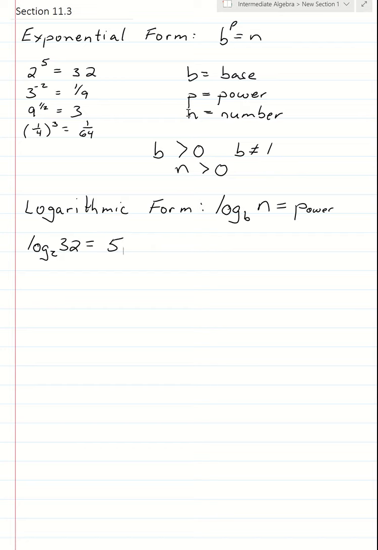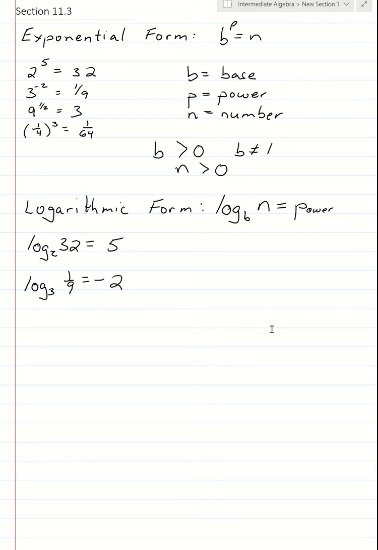If we were to write that in logarithmic form, we would write log base 3 of 1/9 equals -2, because we want to figure out what power I would have to raise 3 to in order to get the number 1/9. That's what logarithms figure out: the power.